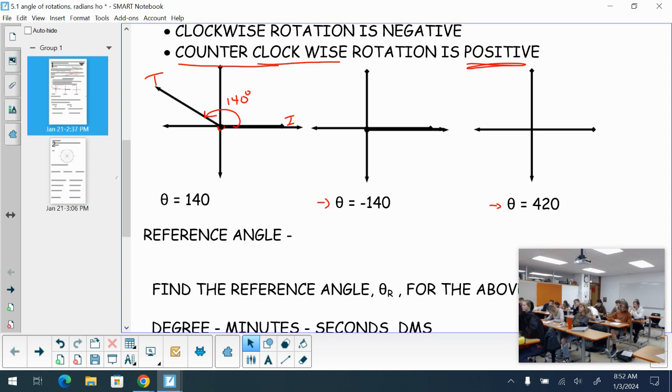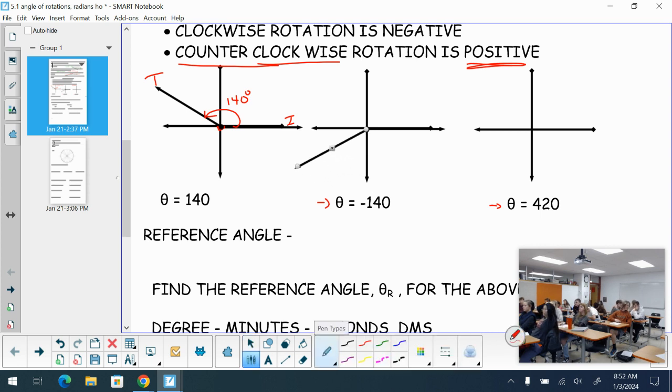We have to go negative, which means we're going to go clockwise, and we're going to rotate this negative 140 degrees. We do not need a protractor here. Get a close enough for government work type of measurement in there. For 140, we have 180, we have 90 here, so we're a little bit closer to the 180 degrees there.